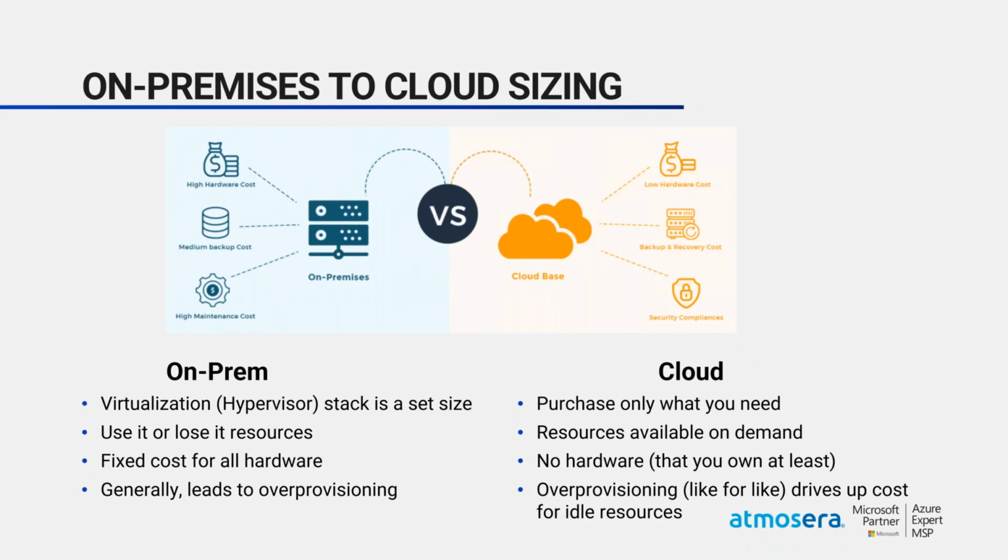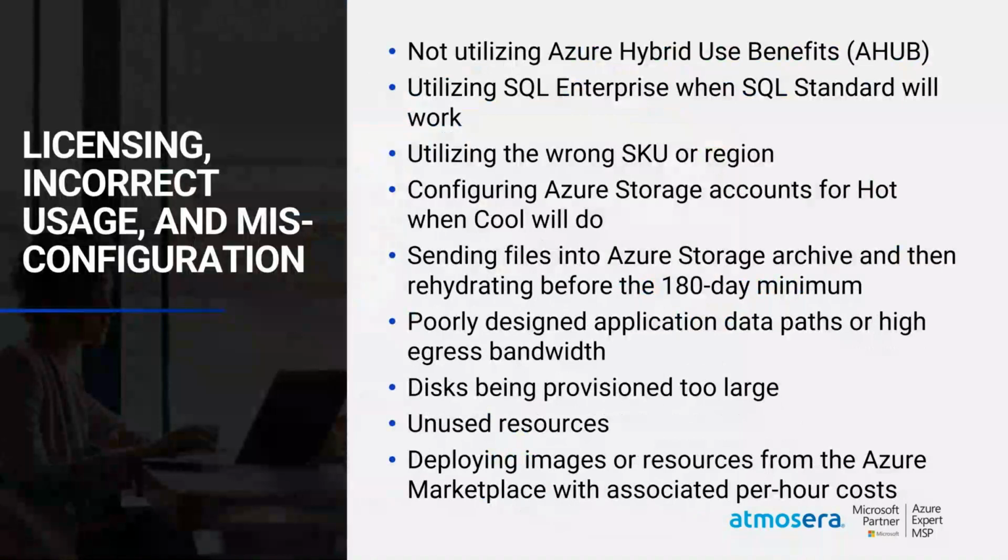So really, the over-provisioning, like for like, is what's going to drive up the cost because you're generally going to have idle resources. One of the other ways we see this in an active environment is licensing, incorrect usage, and misconfiguration. If you are able to utilize Azure Hybrid Use Benefits, or AHUB, that's going to save you the cost of that rental license for the software.